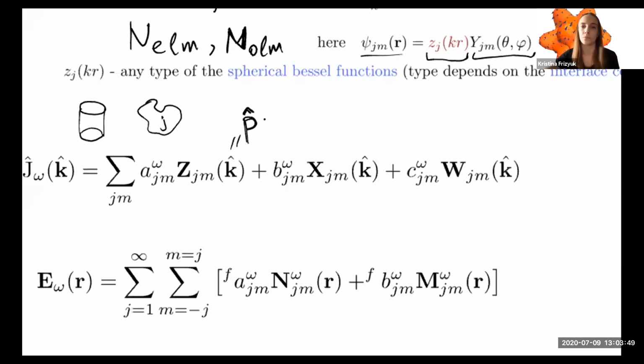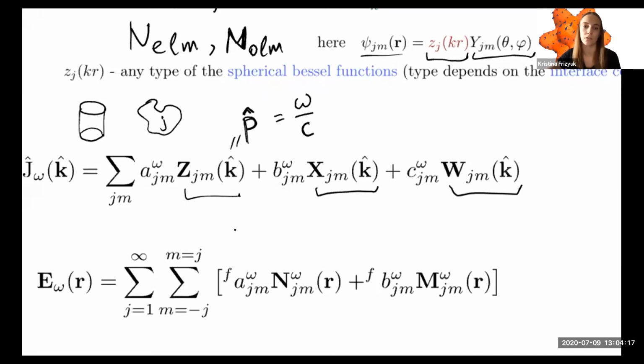This was discussed a lot in the lecture. This is only on a spherical shell, where the k vector is equal to omega over c. Imagine that you somehow decomposed the currents by these three spherical functions.